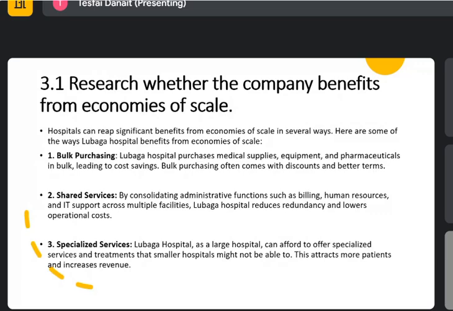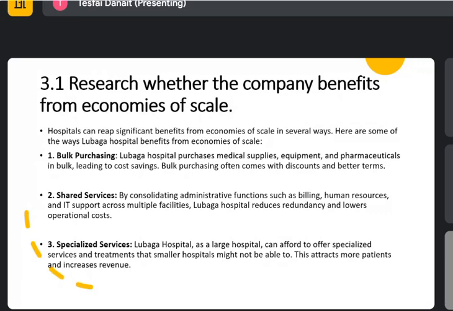And then shared services. By consolidating administrative functions, human resources, and IT support across multiple facilities, Lubaga Hospital reduces redundancy and lowers operational costs. And then also it broadens its services by specializing, like maternity or OBGYN services, pediatrics hospital services, eye clinic.